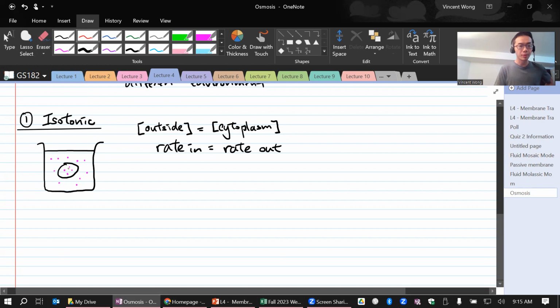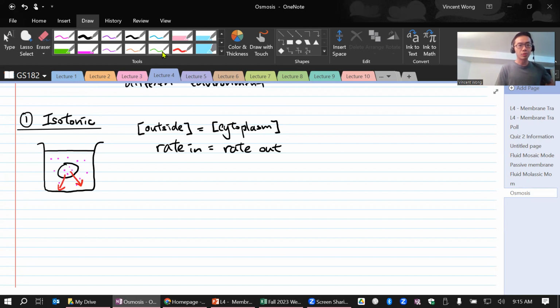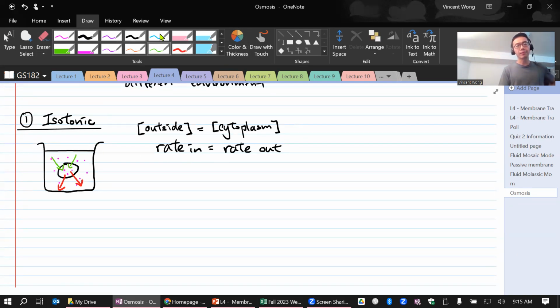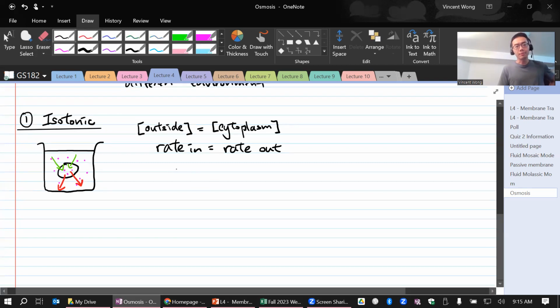We'll use red arrows to show water leaving, and green arrows to show water coming in. The same amount coming in as leaving cancel each other, so there will be no net water movement.